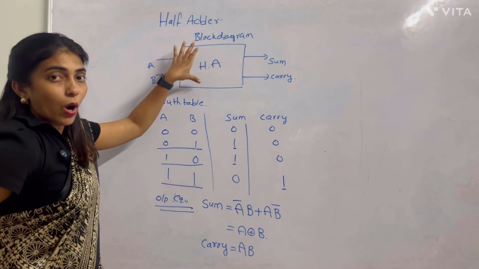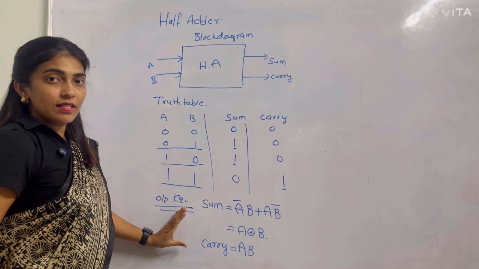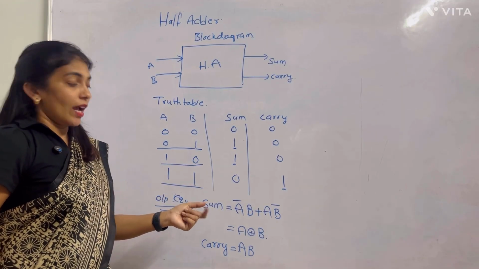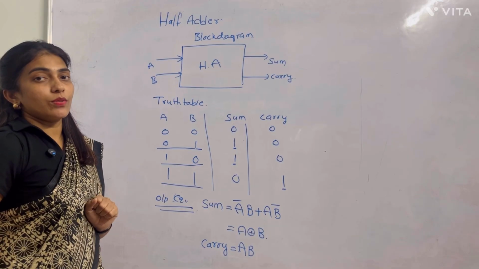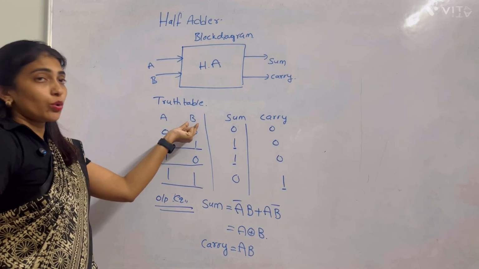So the first step is the block diagram, next the truth table, next the logic expressions, and the final step is the logic circuit. According to these two equations, we are drawing the logic circuit. These two output equations, how many inputs are there? Two inputs, right?